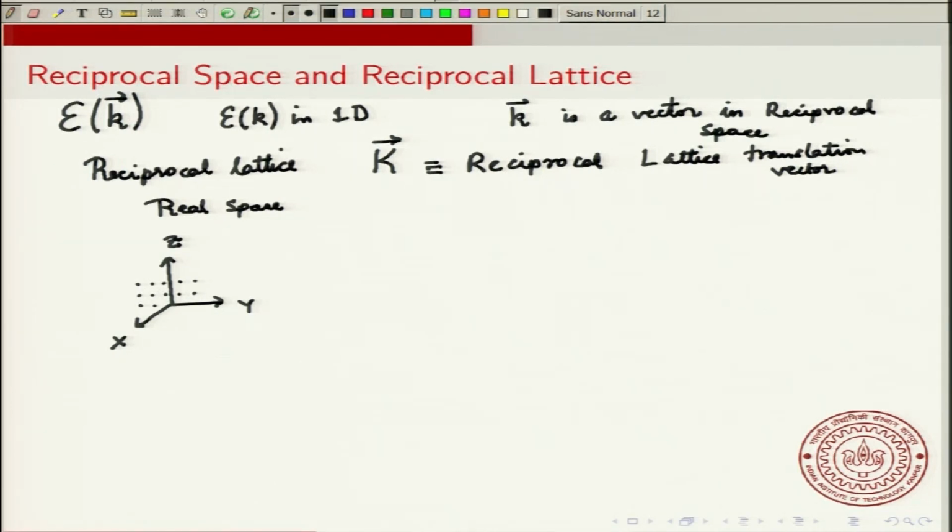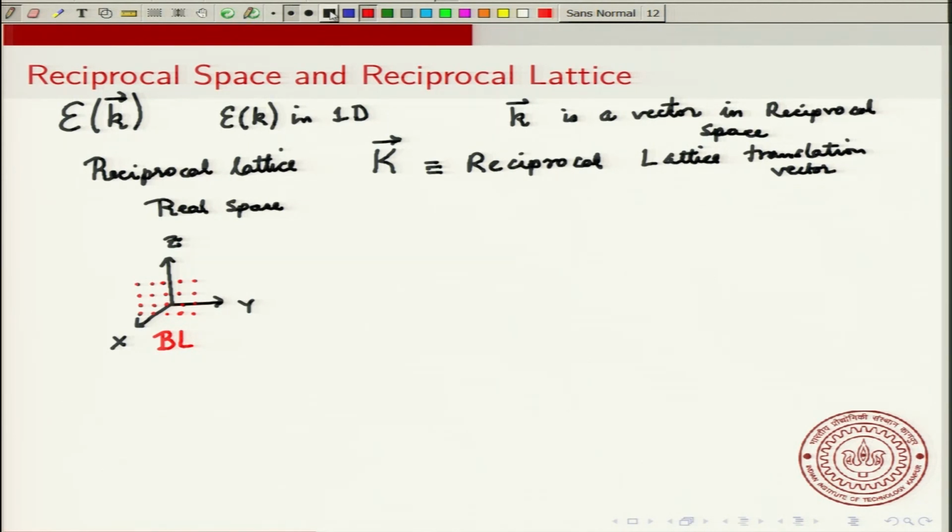I am just showing a few points to indicate that there is a Bravais lattice. This is a lattice, which is the ordered arrangement of points in real space. So, this is called the Bravais lattice.